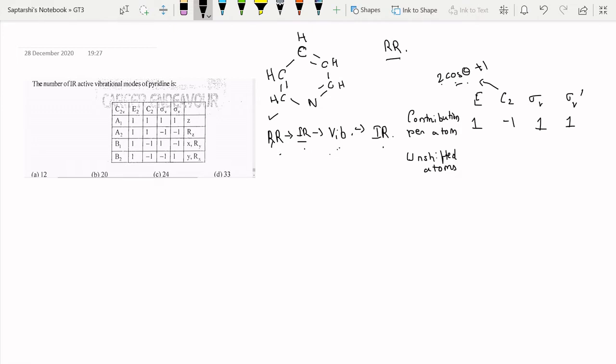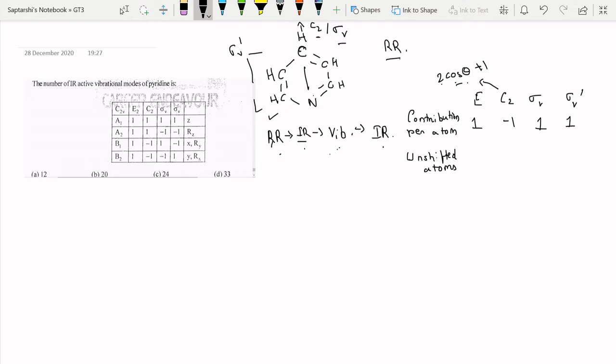Okay, so let us look at the pyridine molecule. So we have the C2 coming from this side, as well as the sigma V. The sigma V prime can be thought of as the molecular plane, because this is the second sigma V that's given. So for C2 and sigma V, we can see we have 3 unshifted atoms.